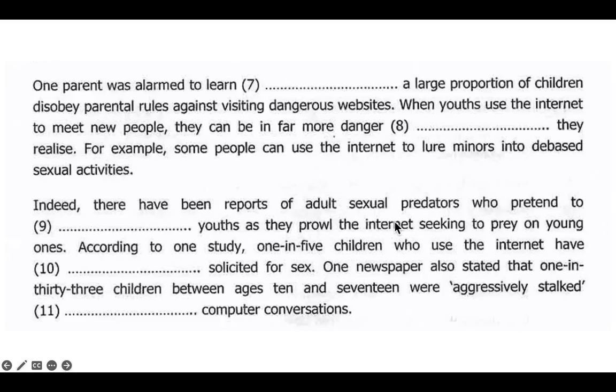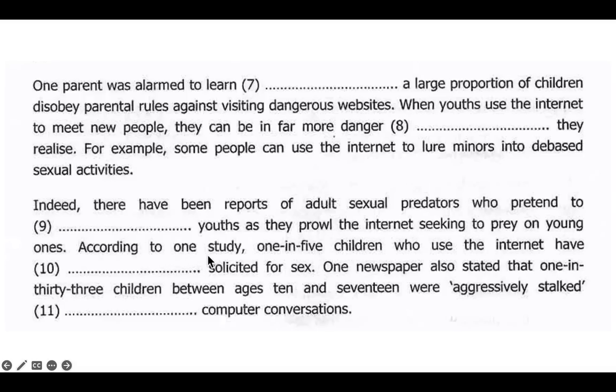When you stop on the way, the meaning is now taken to a far point. So ensure that you are in a run on, and then it will be easy for you to apply a word. Here we can say be youths as they prowl the internet seeking to play on younger ones.